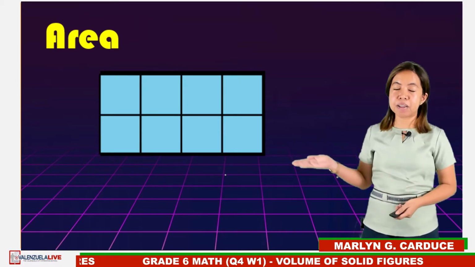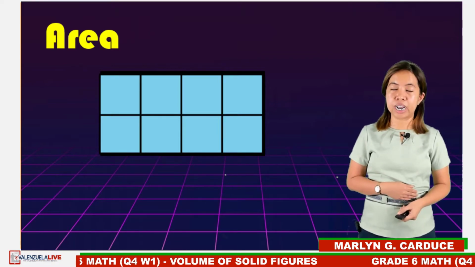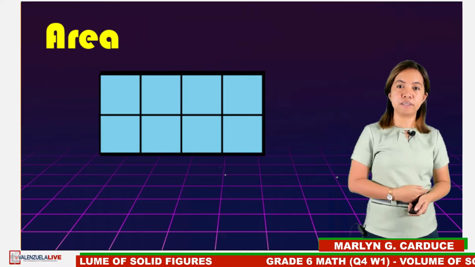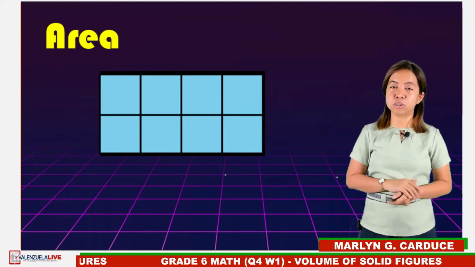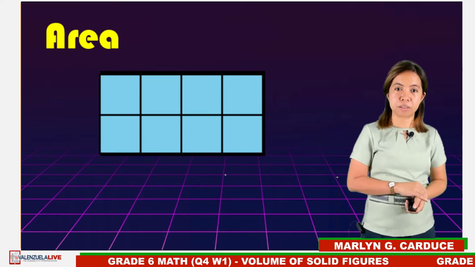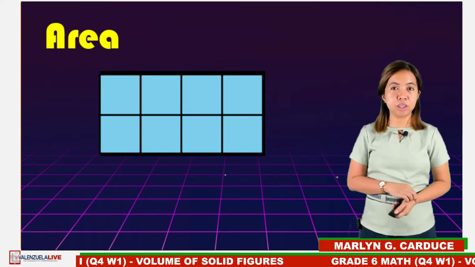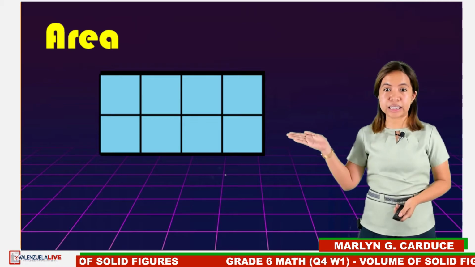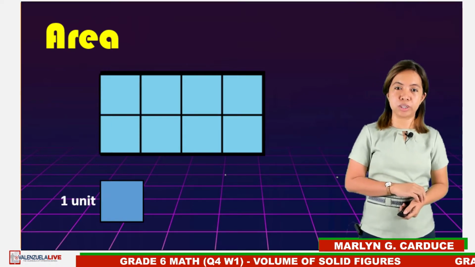In this example, the length of the rectangle is 4 units, 1, 2, 3, 4, and the width of this rectangle is 2 units. Then by multiplying the length and the width, or the 4 units and the 2 units, we obtain a product in square units.